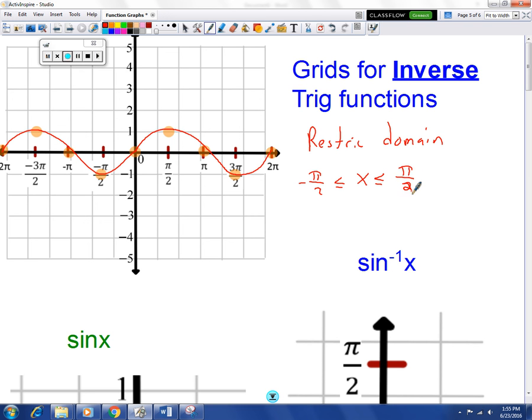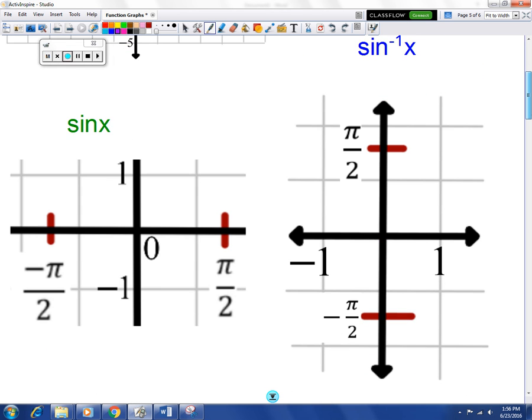So we're basically going to cut our trig function down to this little area right there. What I'll do is actually blow that up. I took that little section right there and blew it up, so let me graph that again.